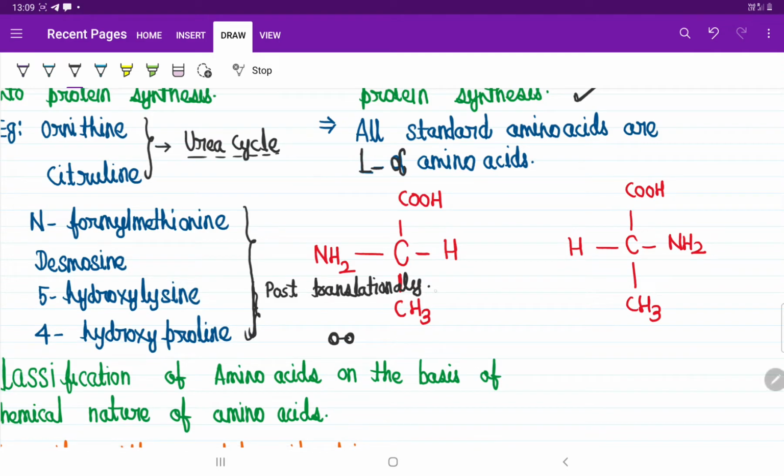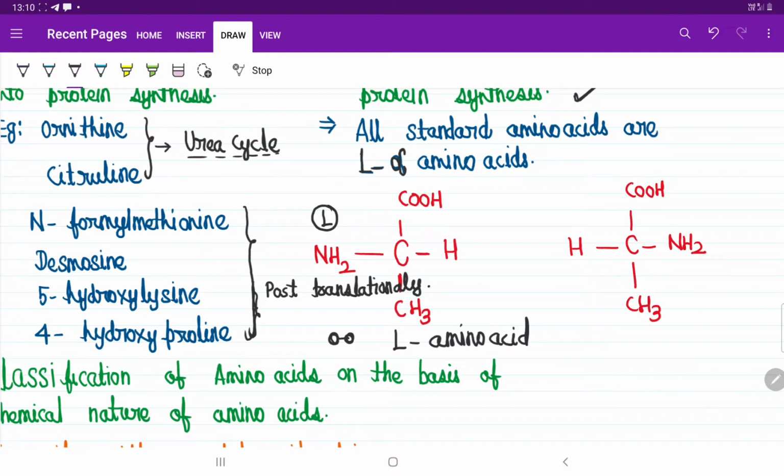You see, this is one amino acid, suppose alanine. Now you see the orientation of the amino group: is it present on the left hand side or right hand side? It's present on the left hand side, so we will call it L amino acid. Like glucose, L glucose and D glucose, right?